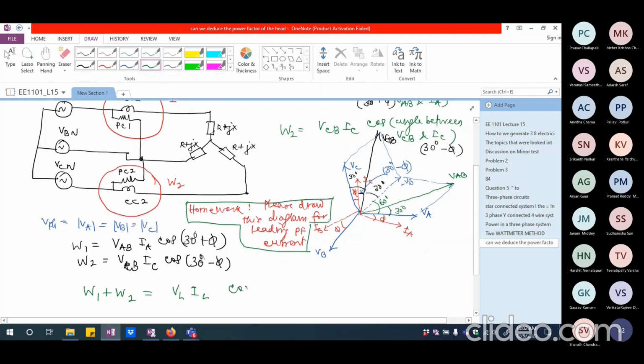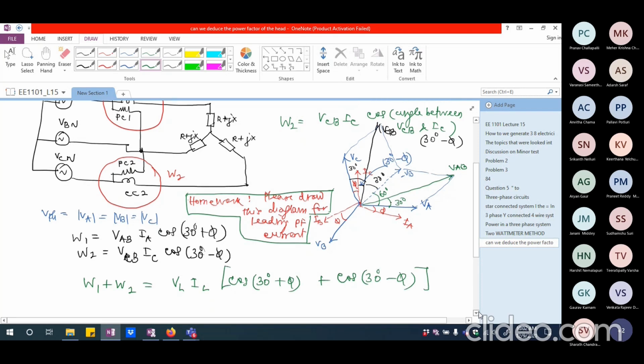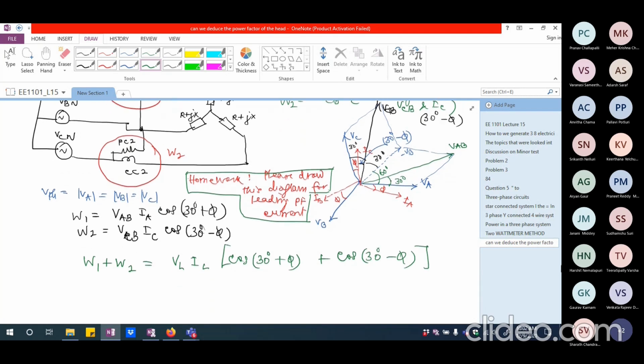They have to be added. So cos of 30 plus phi plus cos of 30 minus phi. So this is cos C plus cos D, which will give me the sum formula, right?